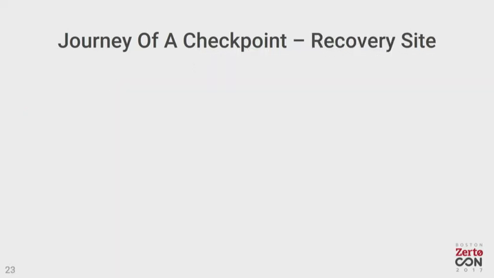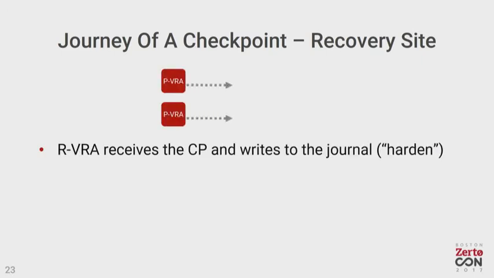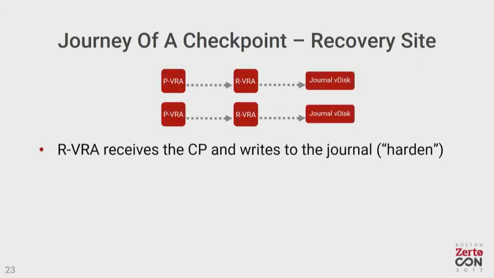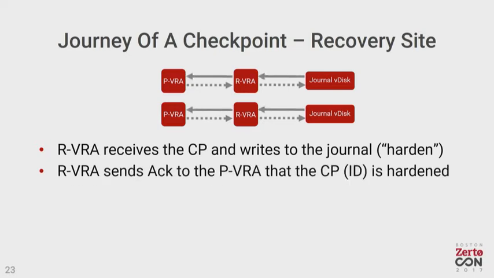So now we get the checkpoint over to the recovery site. So now the recovery site VRA, we'll look at it from that perspective. So we receive a checkpoint, and we write that down to the journal, and that's an operation known as hardening. The recovery site VRA then sends an acknowledgement back to the production site VRA, saying, yep, I have this checkpoint, here's the ID, I've hardened it down successfully.